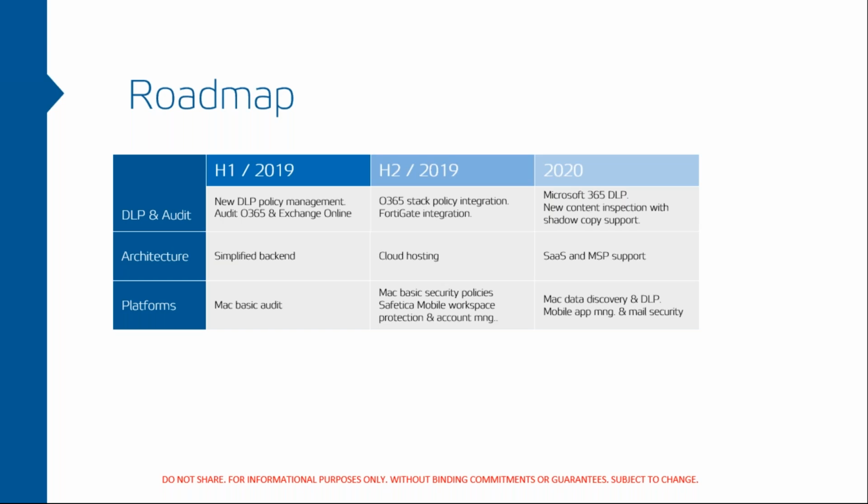Later, next year, we would like to provide Microsoft 365 data protection capabilities, and also we would like to provide you new content inspection capabilities, which will be more robust, more flexible, provide you more ways how you can define data, also with shadow copy support. So these are features on auditing and DLP capabilities.